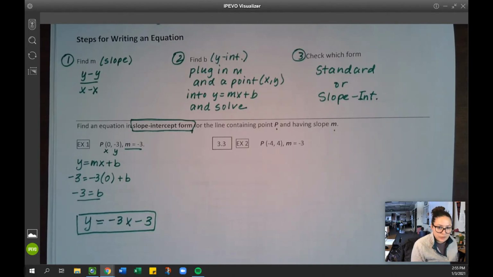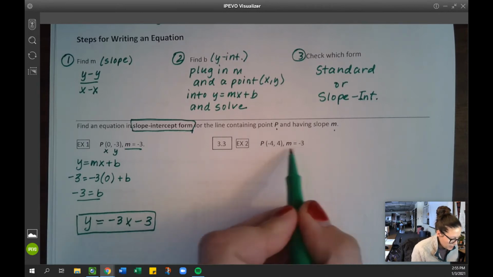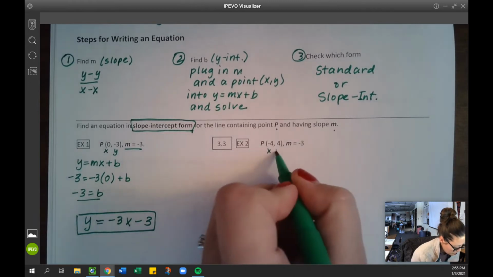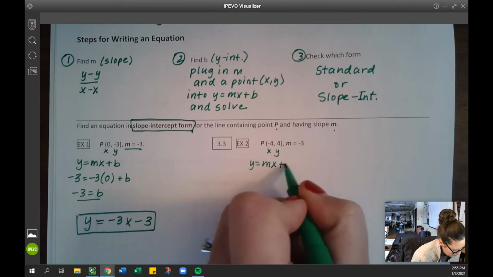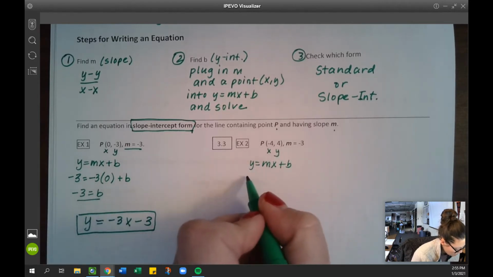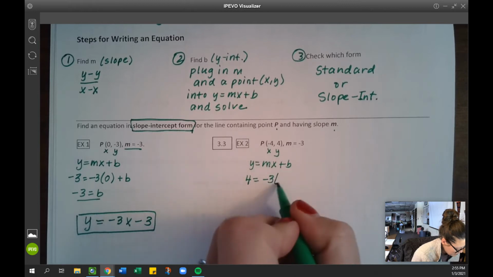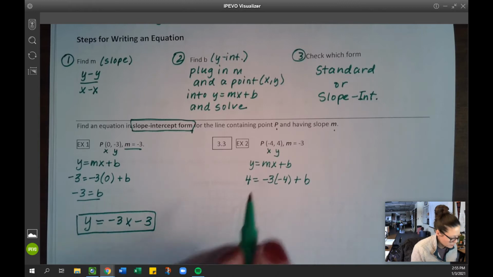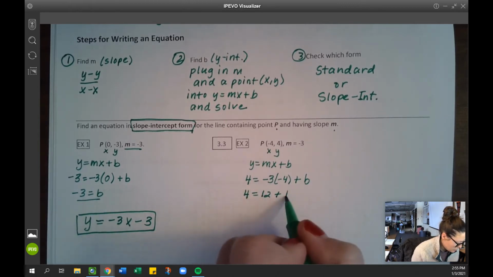All right, let's try another one. Same kind of idea. We are given the slope and we're given a point. So we're going to use that point to find our y-intercept. So y is 4, m is -3, x is -4, and b is what we don't know. -3 times -4 is 12.